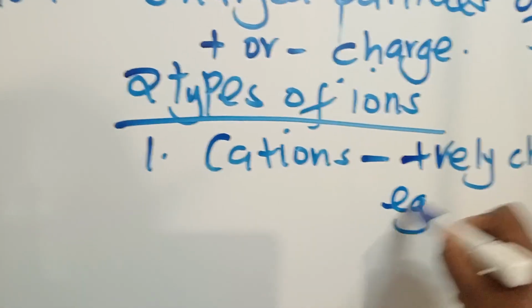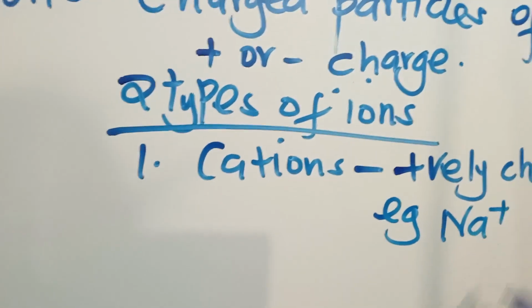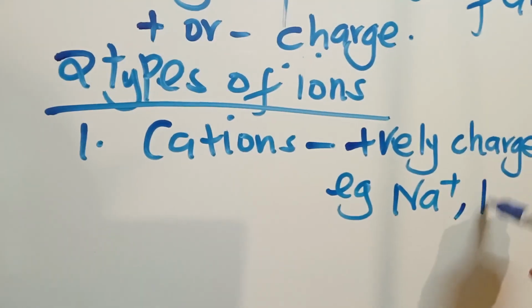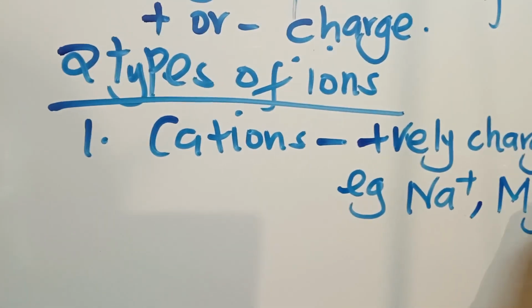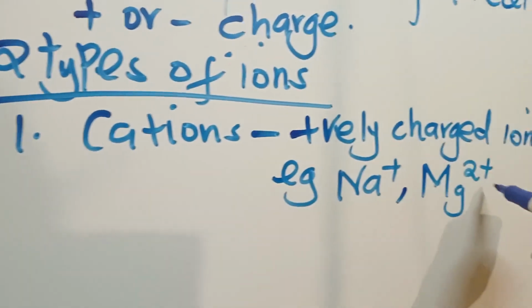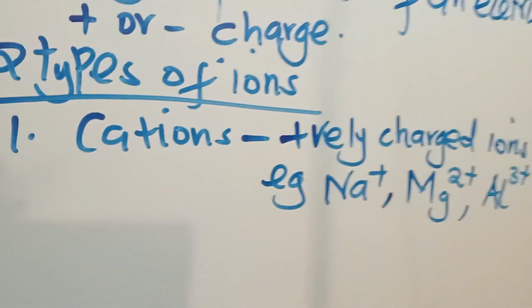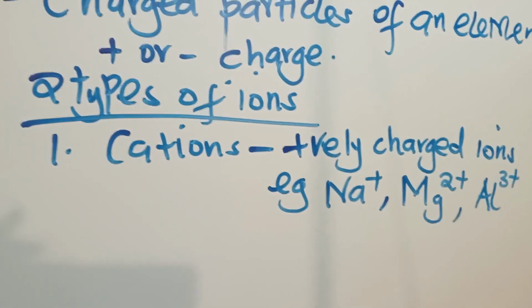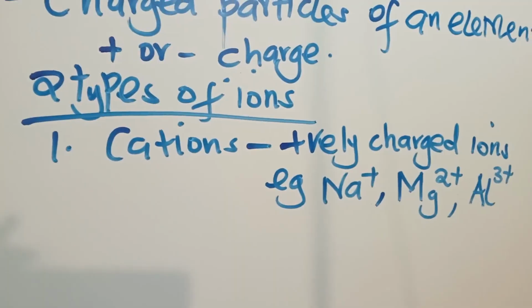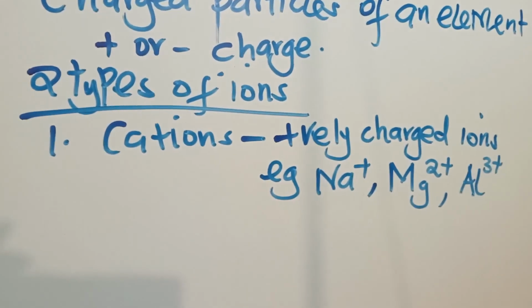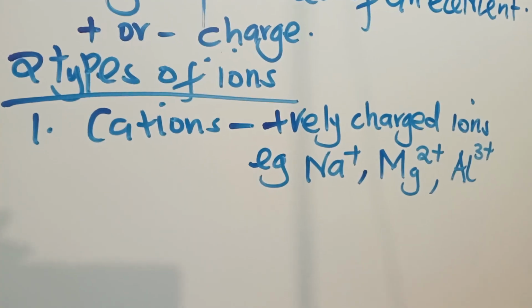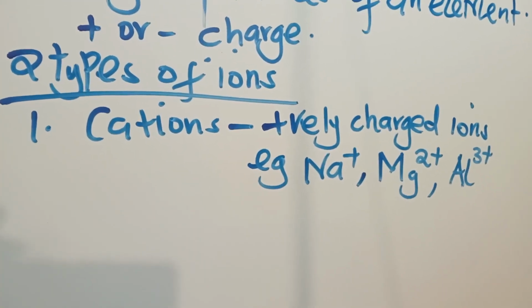And we can give examples, for example, sodium ion, magnesium ion, aluminium ion. So as long as we have a positive charge on top, then that one will be a cation.